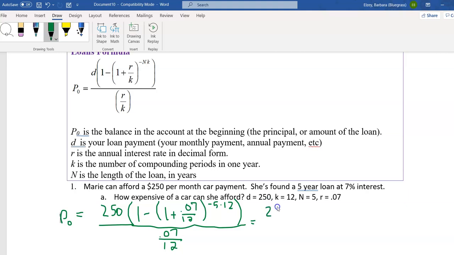So we need to take the 1 plus 0.07 divided by 12, put that into our calculator first. So if I do that, 1 plus 0.07 divided by 12, I get 1.0058333333.